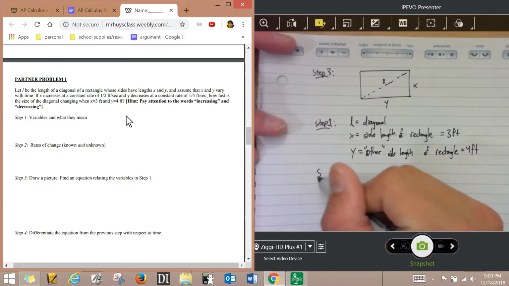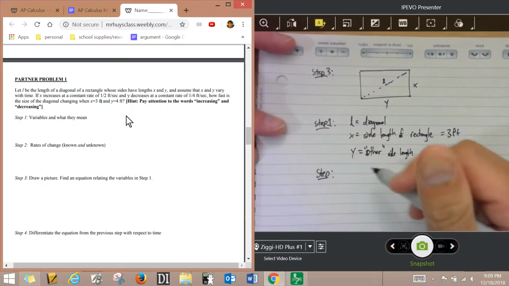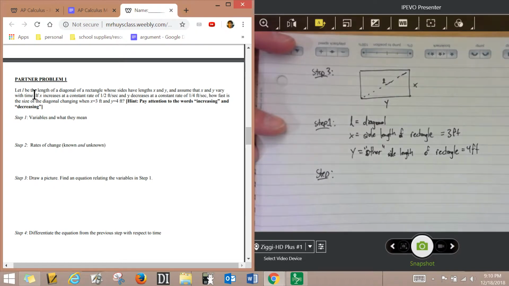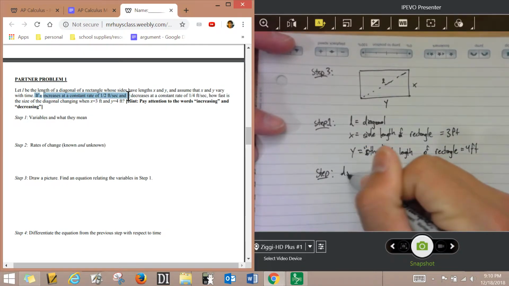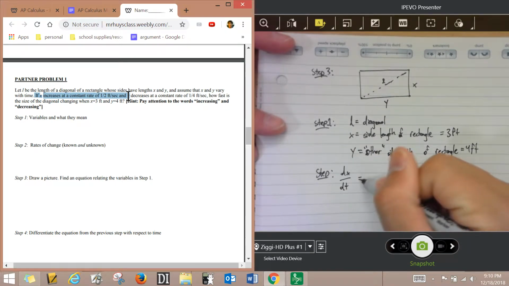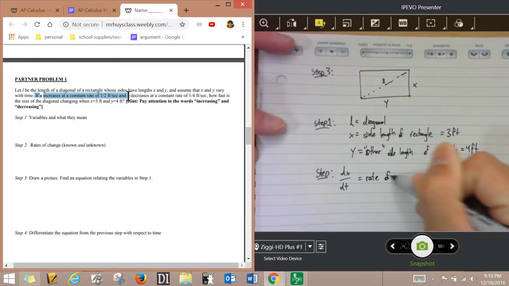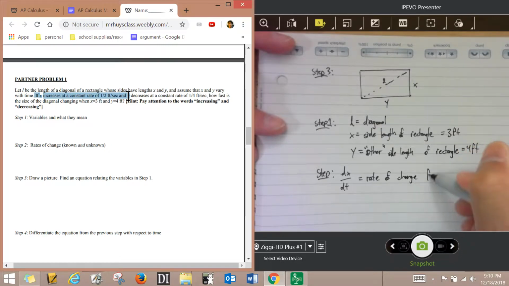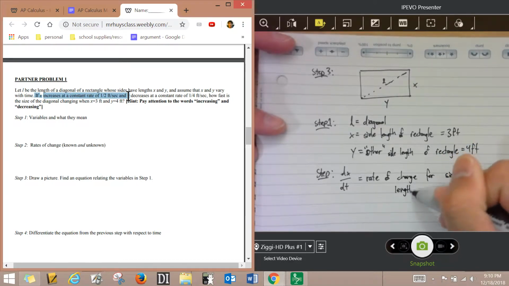Step two is to kind of think of the different rates of change. I'm looking at the rate of change of x, so right there, dx over dt, and we're looking at the rate of change for side length x. We're looking at the instant where that is half a foot per second.